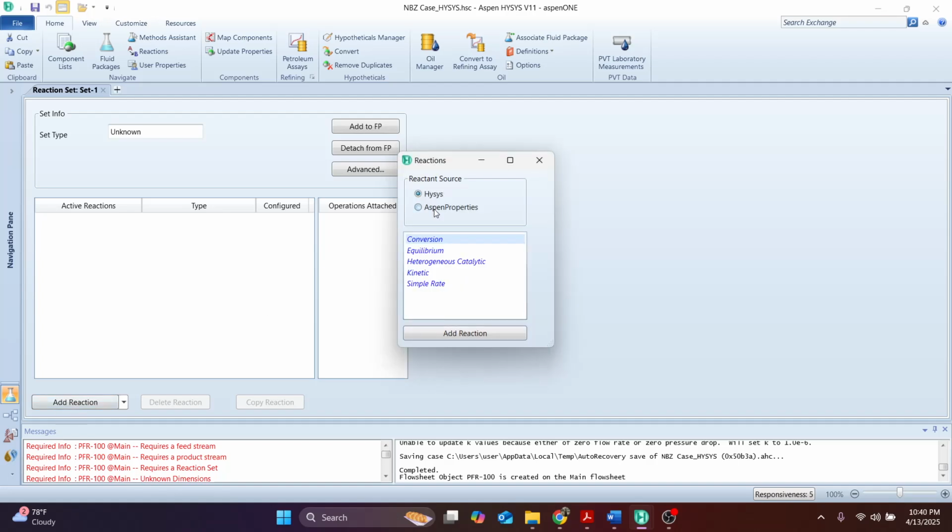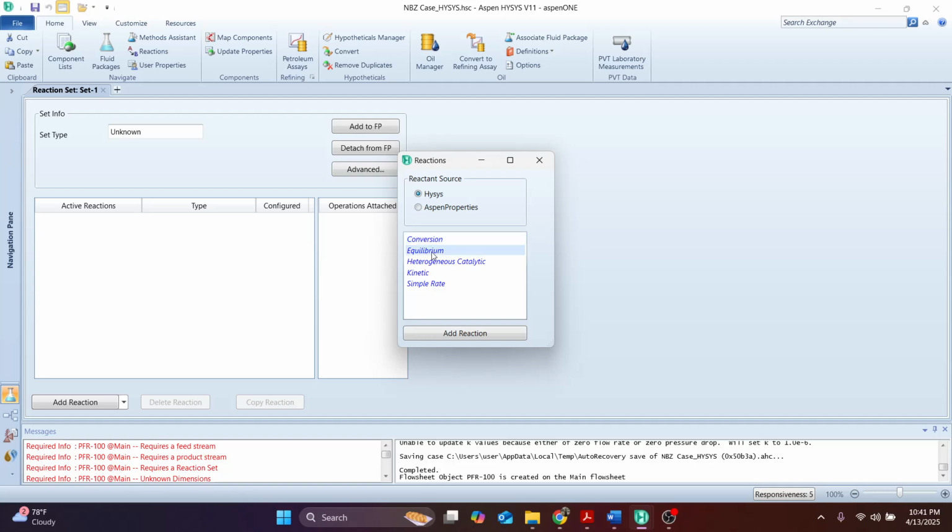And then add reaction. Now you're going to see several types of reaction, and from the reference I made a literature review and found that the most available data for this reaction is a kinetic one. Conversion is usually for a reaction where you want a specific converting ratio or percentage, for example in a batch reactor, like sugar refineries, or in a continuous stirred tank reactor.